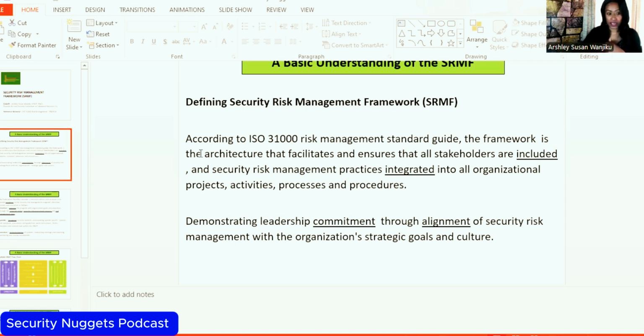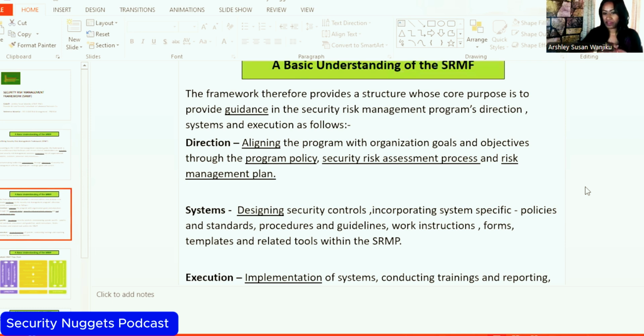Now, moving forward, the framework therefore provides a structure whose core purpose is to provide guidance in the security risk management program's direction, systems, and execution, as follows. When it comes to direction, it is aligning the program with the organization's goals and objectives through the program policy, through the security risk assessment process, and through the risk management plan.